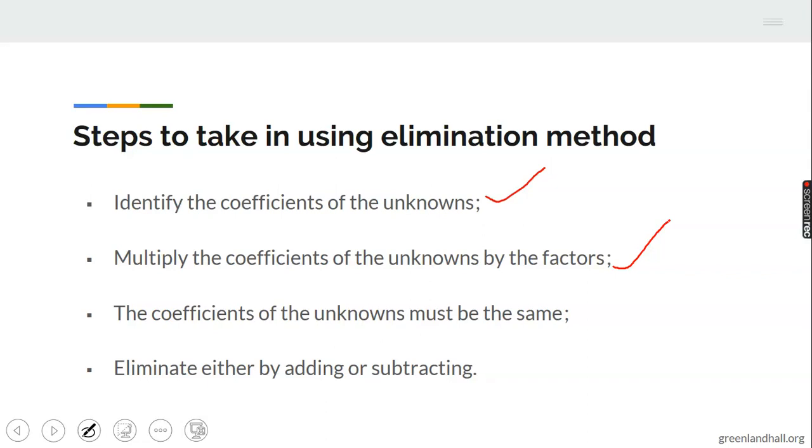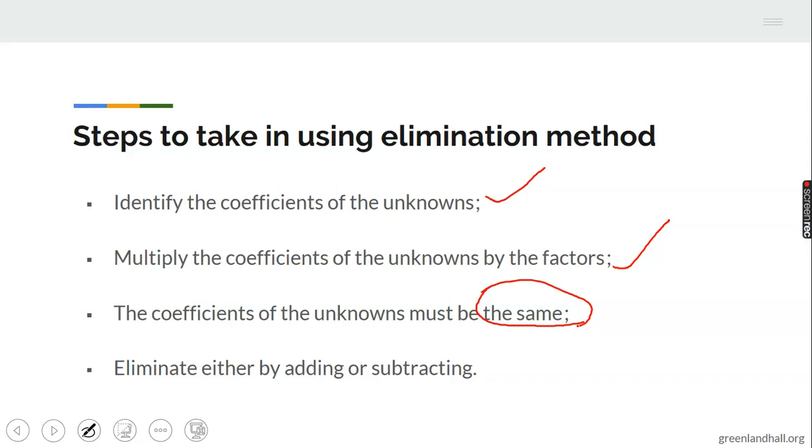Sameness does not mean that if it is plus 6x, then it must be plus 6y. No, that's not what I'm saying. The coefficient must be the same: 6, 6. That is, the coefficient is what is attached to the unknown. Now, the final step is you can eliminate either by adding or subtracting.